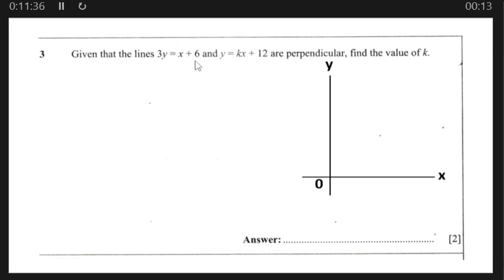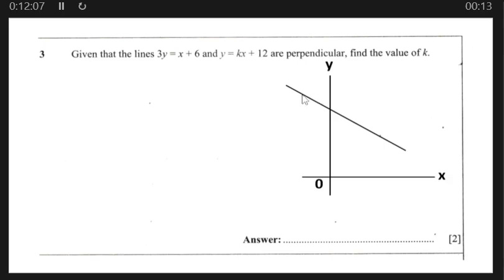So these two straight lines are intercepting the y-axis. So this one is intercepting the y-axis at 12, and this is intercepting the y-axis at 6. So let's draw this one.